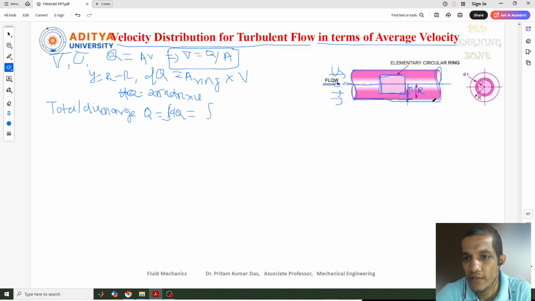From the surface of the pipe wall up to the center axis of the pipe, that means the lower limit 0 to the upper limit R, the total distance. So again, this is the integral of 2 pi r dr into u.